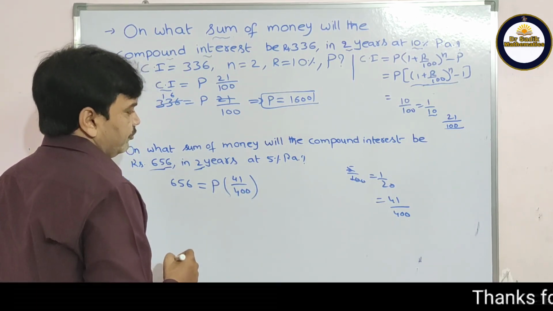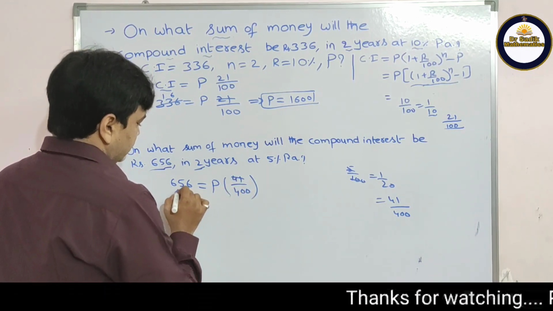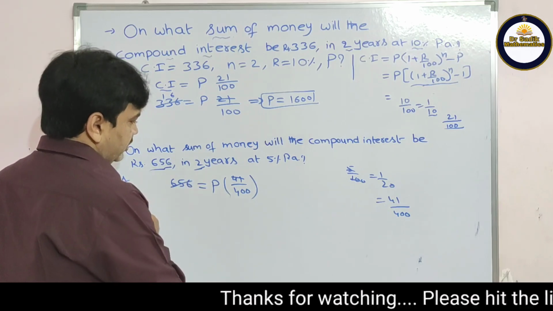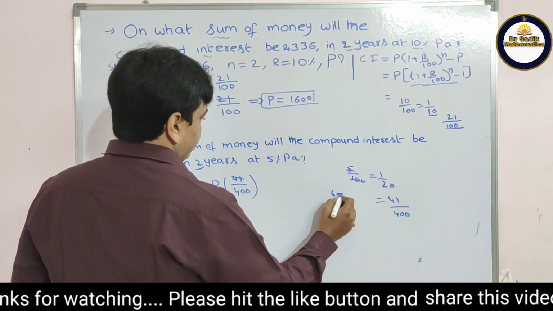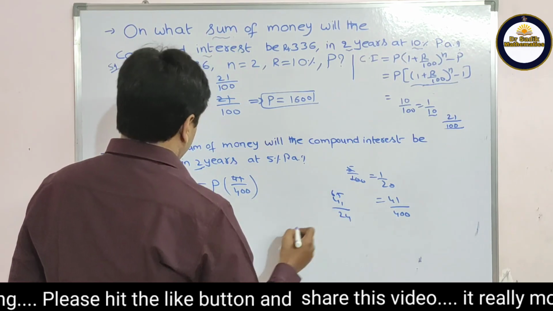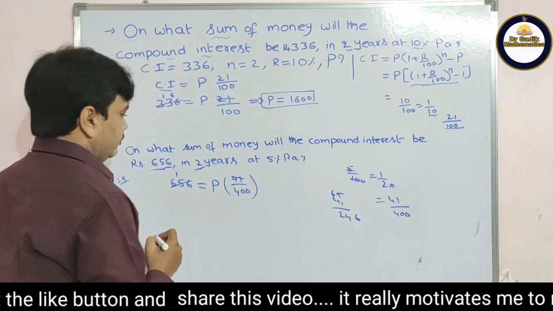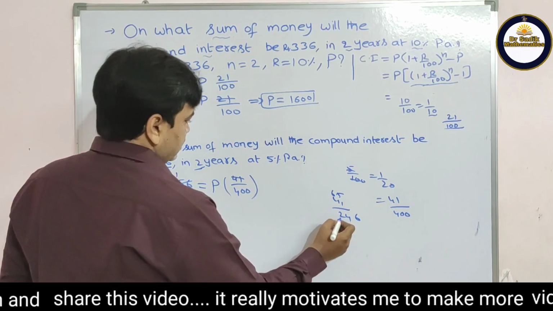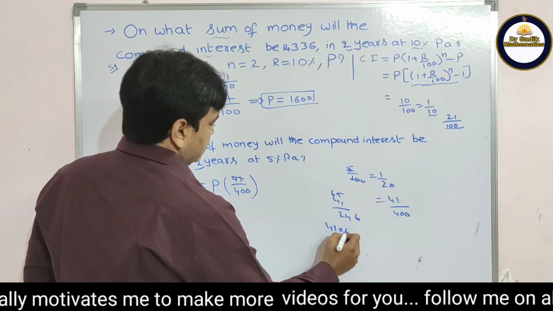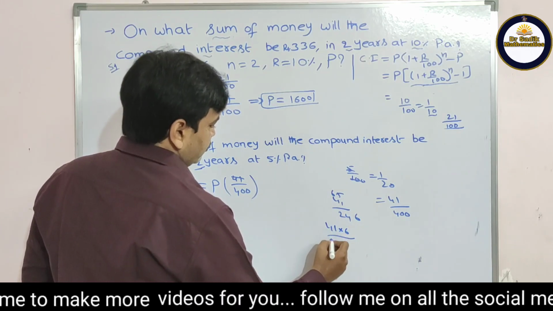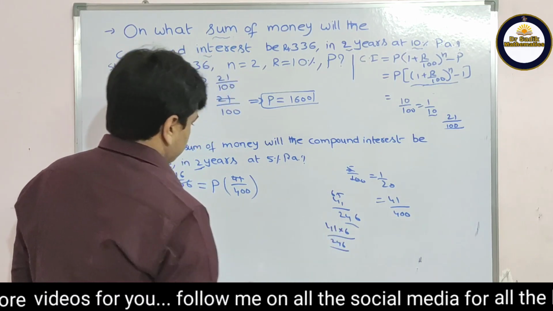Now in 656, check how many times 41 goes, friends. 16 times: 6 ones are 6, 6 fours are 24. So we get 246, friends.